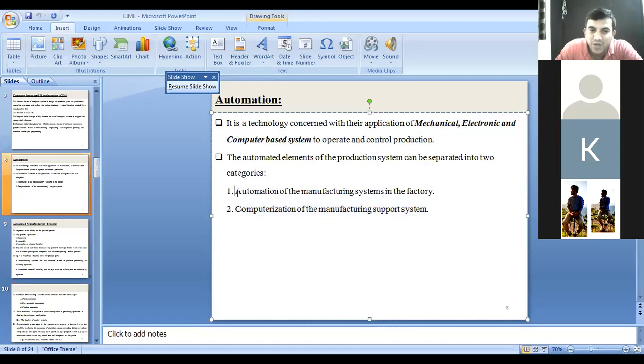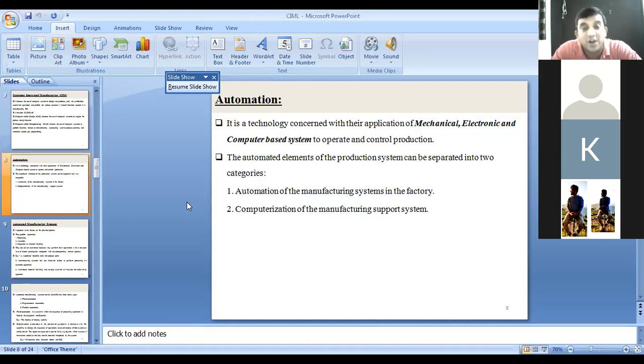In our lab we concentrate only on automation of the manufacturing system in the factory, where we convert raw material into finished product using mechanical, electronics and computer-based systems.